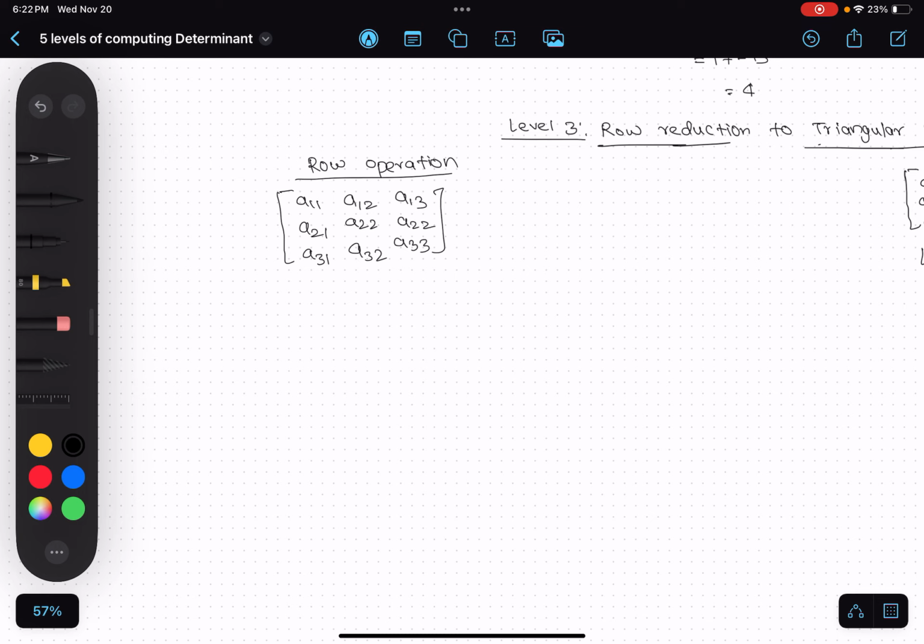Now the first row operation is swapping rows.